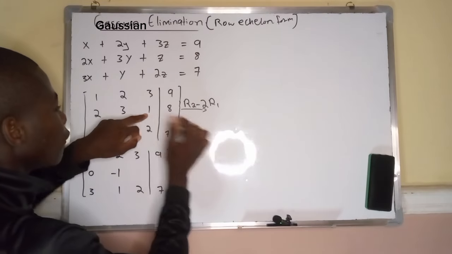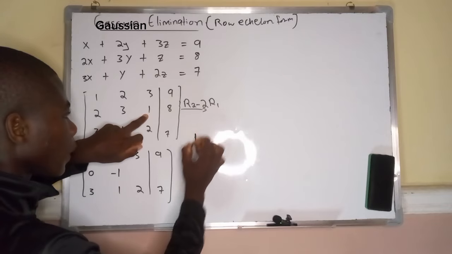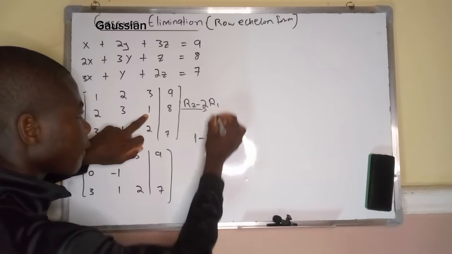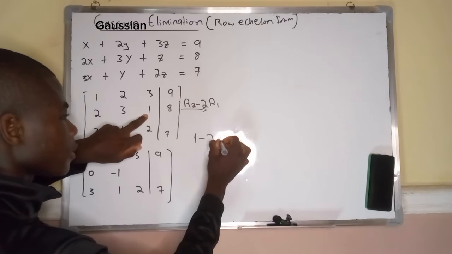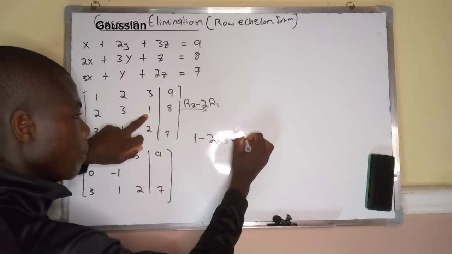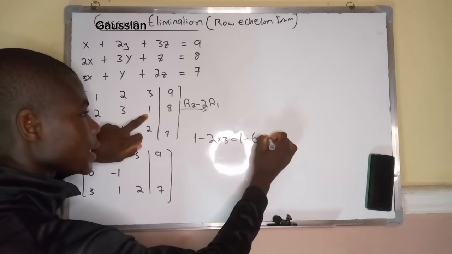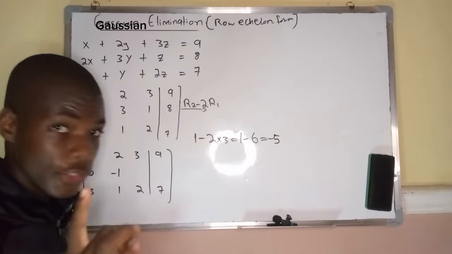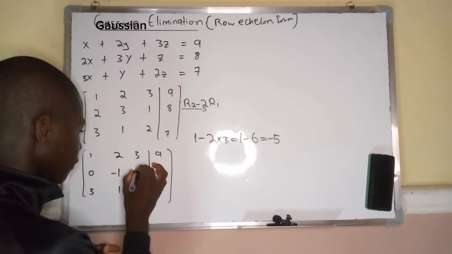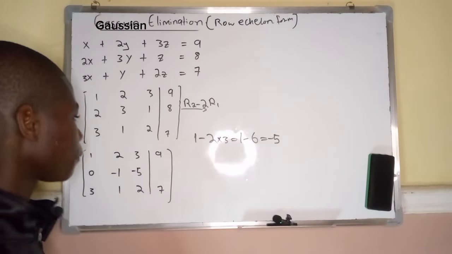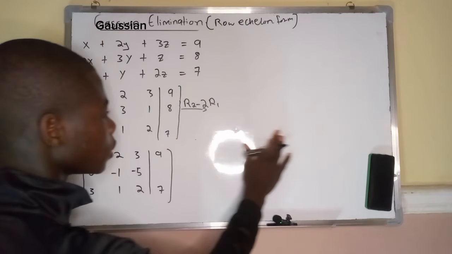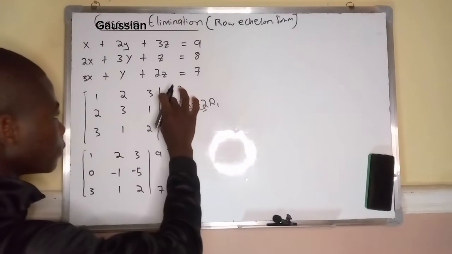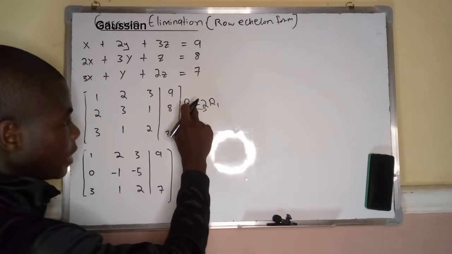For the next one, row 2, which is 1, minus 2 multiplied by R1, which is 3, equals 1 minus 6, which equals minus 5. So I have minus 5 here. The next thing to do is the 8.